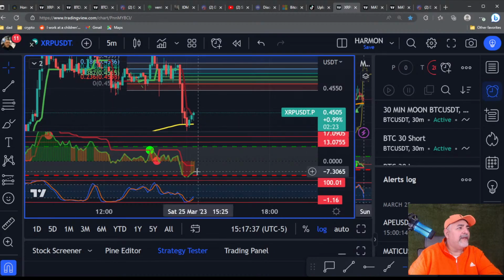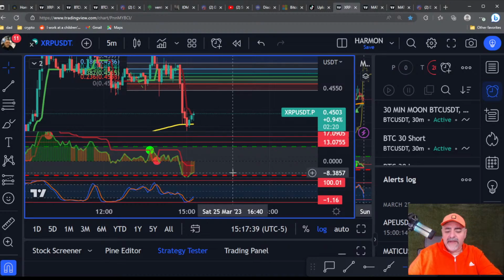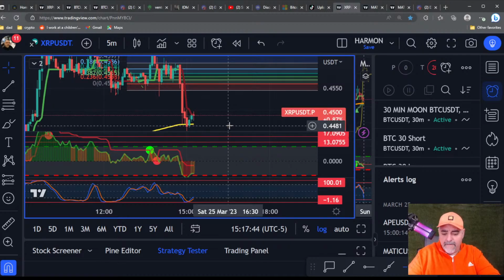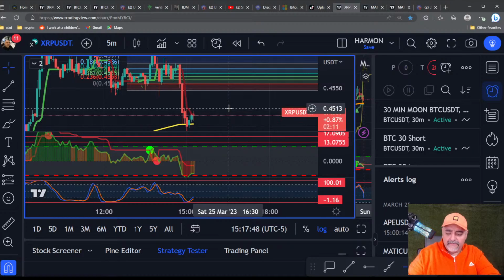So now we're starting to get to the point right here where the XRP, the 5-minute XRP, bouncing off the 200 moving average.